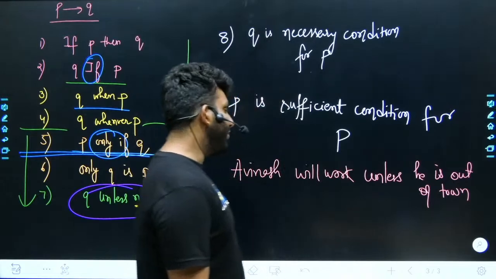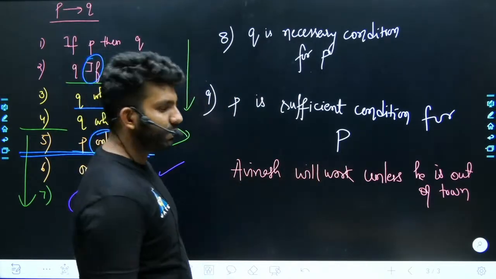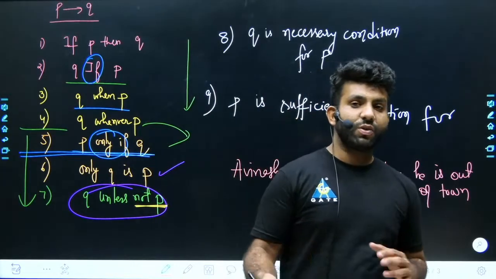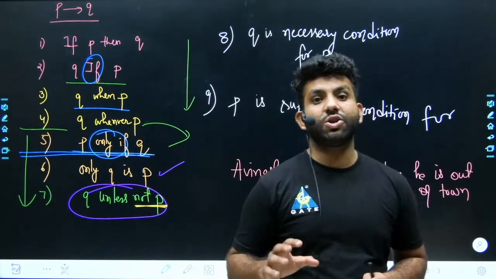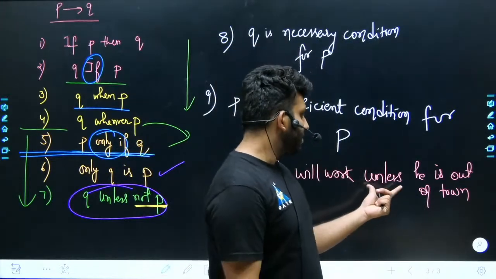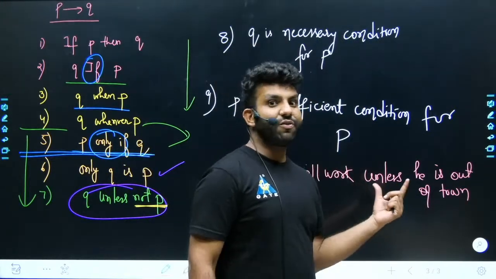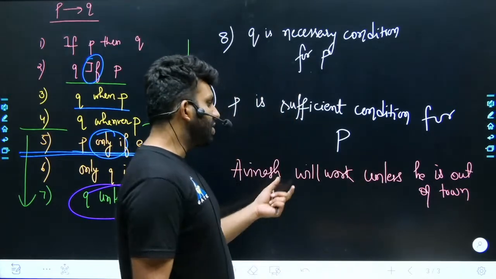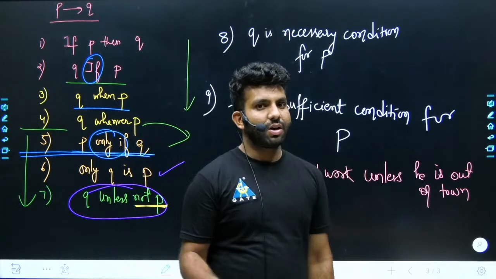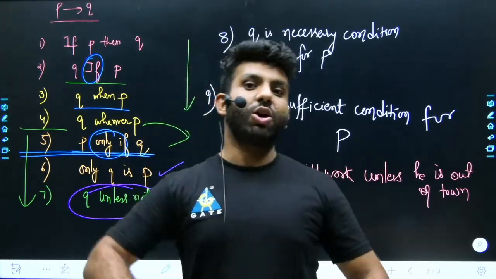What does it mean? Avinash will work unless he is out of town. Avinash will be working if he is not out of town. Unless means if not. Avinash will work unless he is out of town means Avinash will be working if he is not out of town.